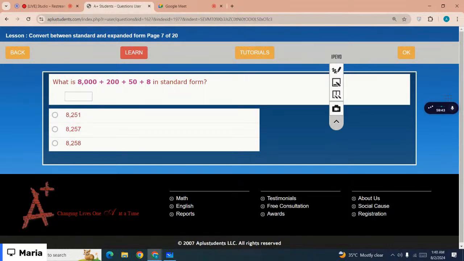What is 8000 plus 200 plus 50 plus 8 in standard form? The correct option is 8258.